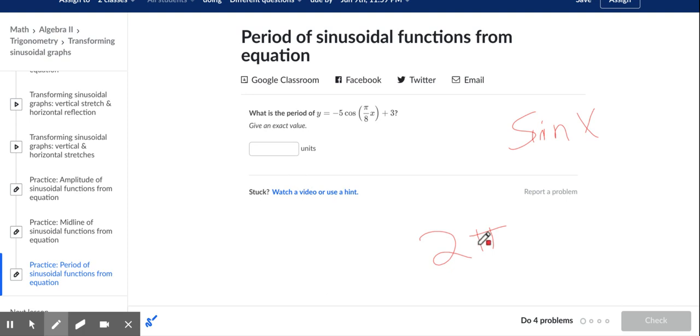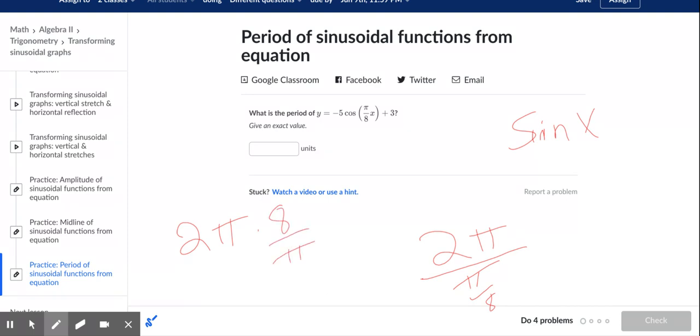Anyway, so to get the period of this function, I'm going to take 2 pi and divide it by whatever is in front of x. So I'm going to divide this by pi over 8. But because we don't like compound fractions, we can instead multiply by the reciprocal.